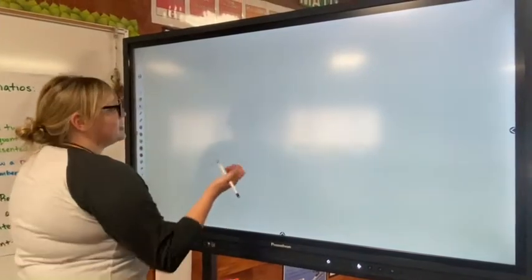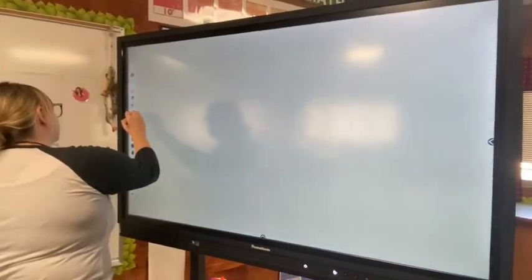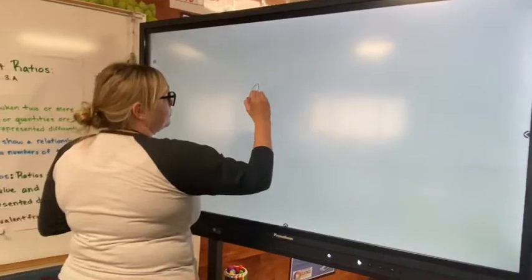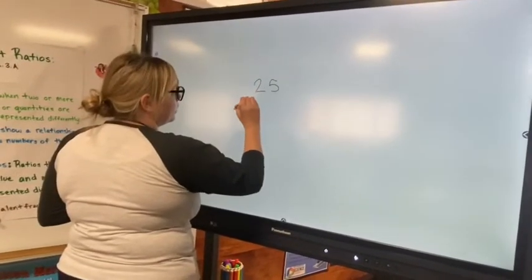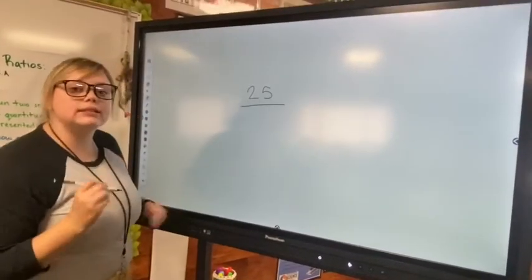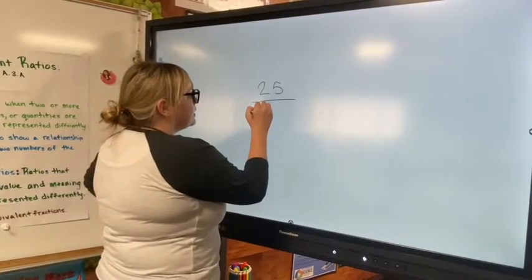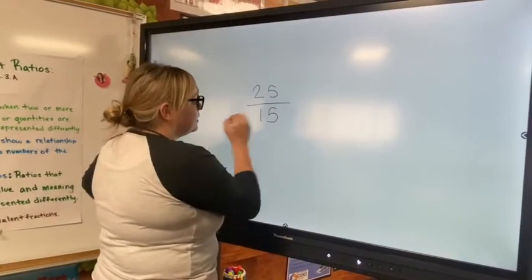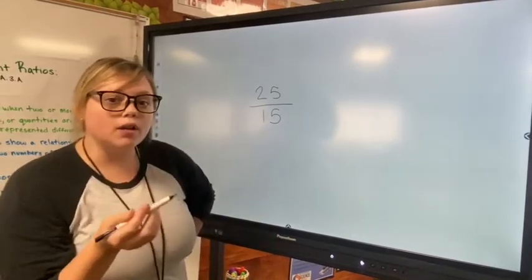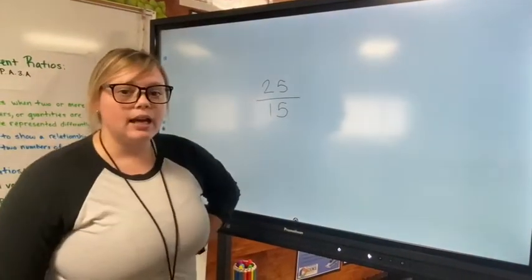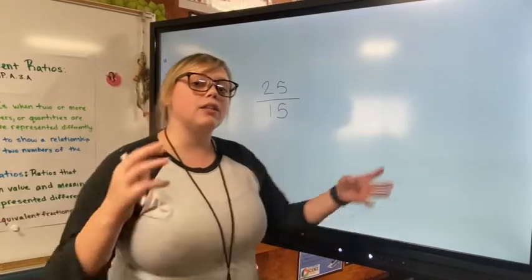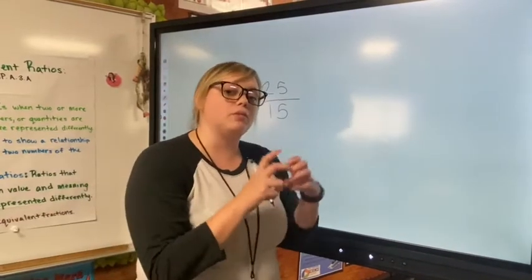Or let's say someone gave you 25 in the numerator and 15 in the denominator, or 25 to 15. And they said that I want you to find the smallest equivalent ratio.